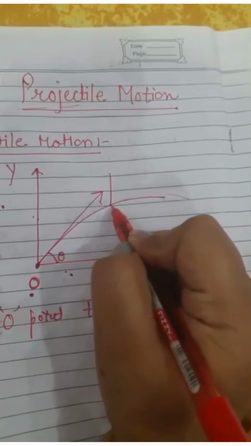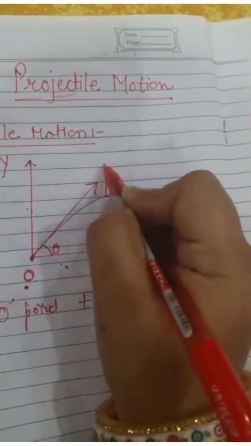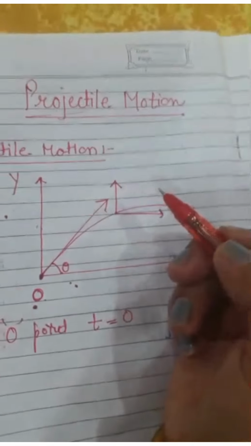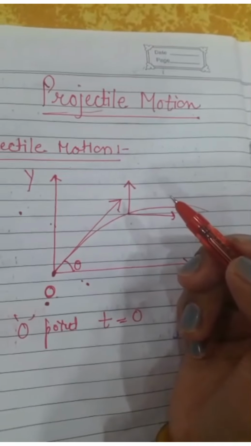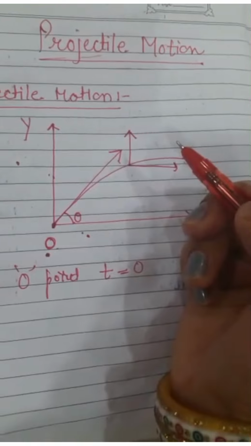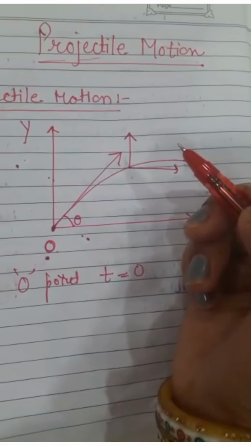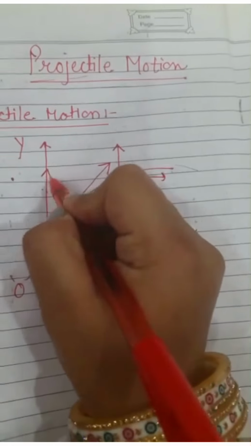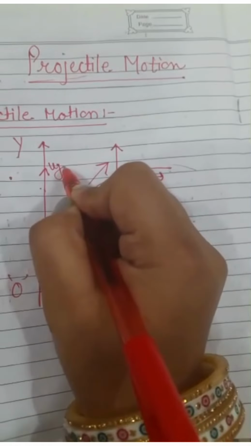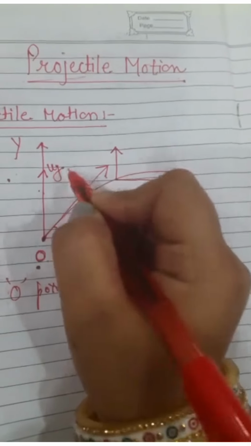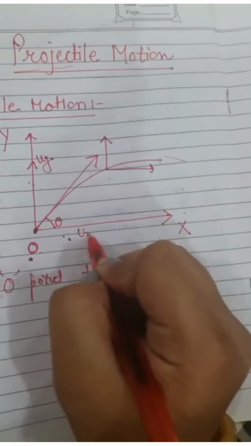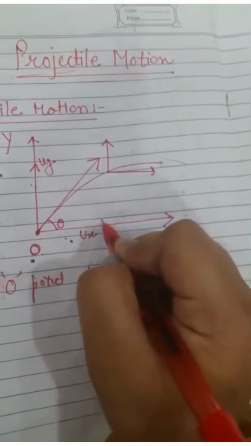So we can apply the equations of kinematics separately for both axes. Along the y-axis we take uy, and along the x-axis we take ux.